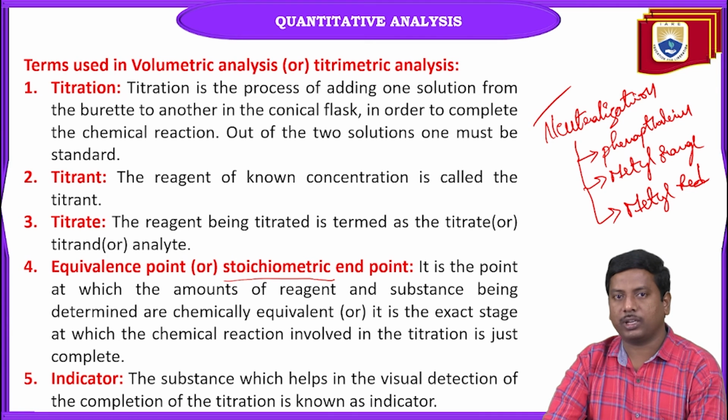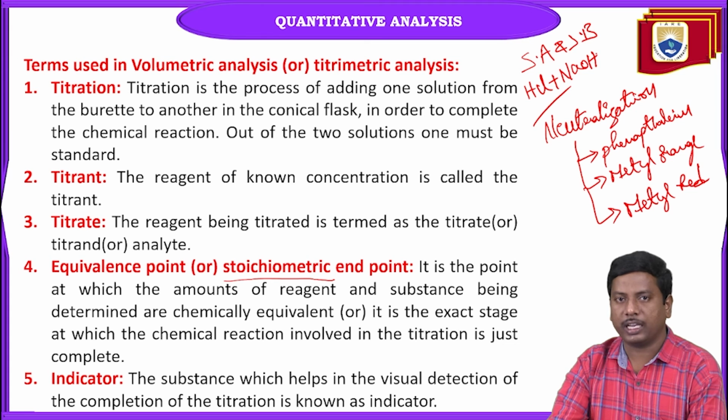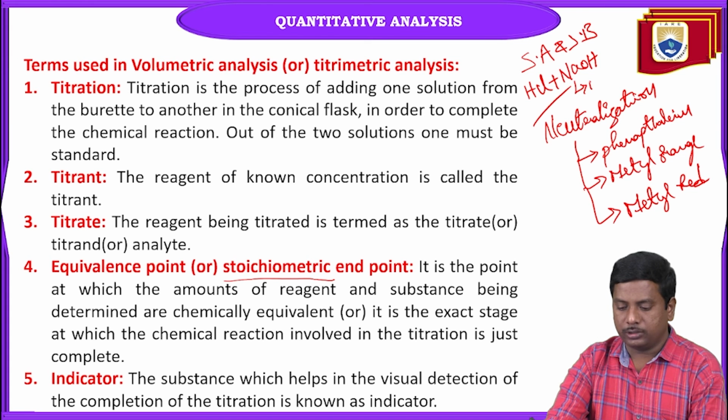That depends upon the equivalence point of a reaction. That should be matched with the pH range of the indicator. So for example, take the reaction between a strong acid and a strong base. What is the example for a strong acid? Hydrochloric acid. And the strong base is sodium hydroxide. Both react with each other to give neutral products, NaCl plus water.